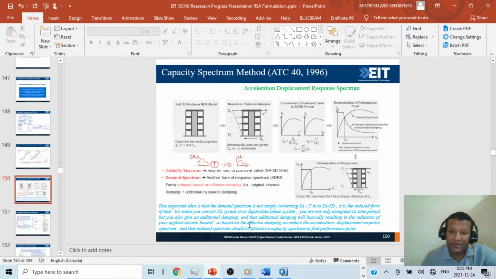So based on the effective damping, we reduce the acceleration displacement response spectrum, and that reduced spectrum should be plotted on the capacity spectrum to find the performance point. So we have here the capacity spectrum and the demand spectrum.